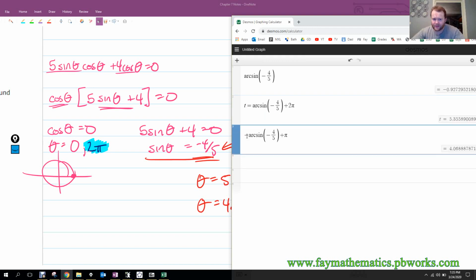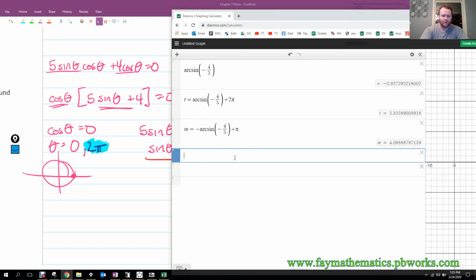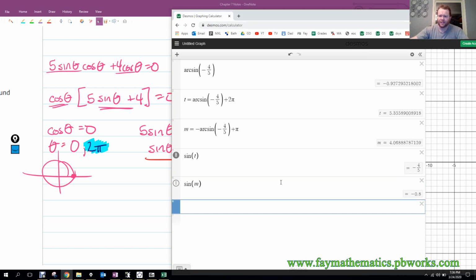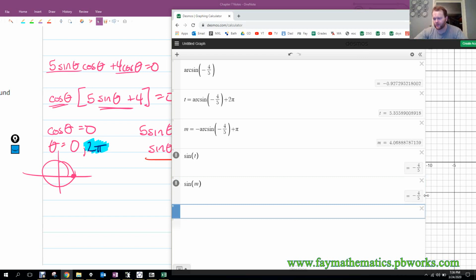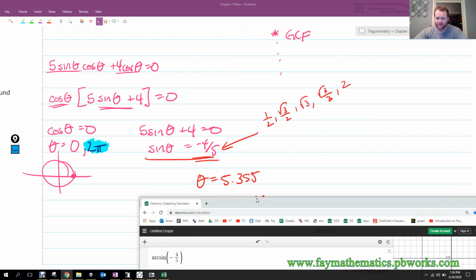And let's call this value M. Now if I ask what is sine of T, you see that it gives me back my negative 4/5. If I ask for sine of M, it gives me back again my negative 4/5. So I know that those are the correct solutions.